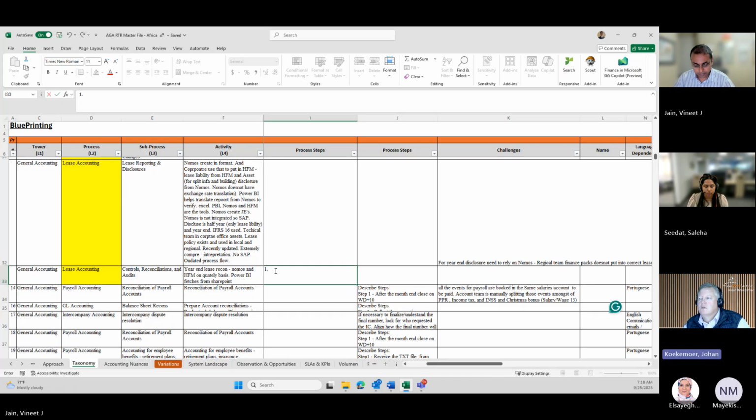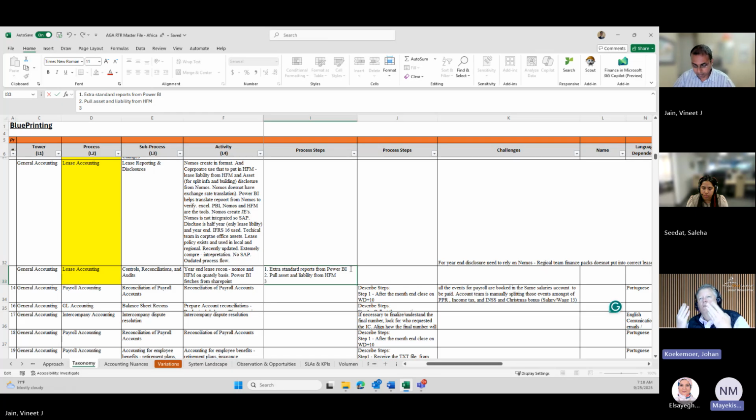Is that correct? No, Power BI is the template. We extract standard reports out of Nomos, and then we have an Excel which refreshes from HFM with all of the regions and each region's asset balance and liability balance. So those are the two sources of information. If you want, the third source would be the exchange rates.